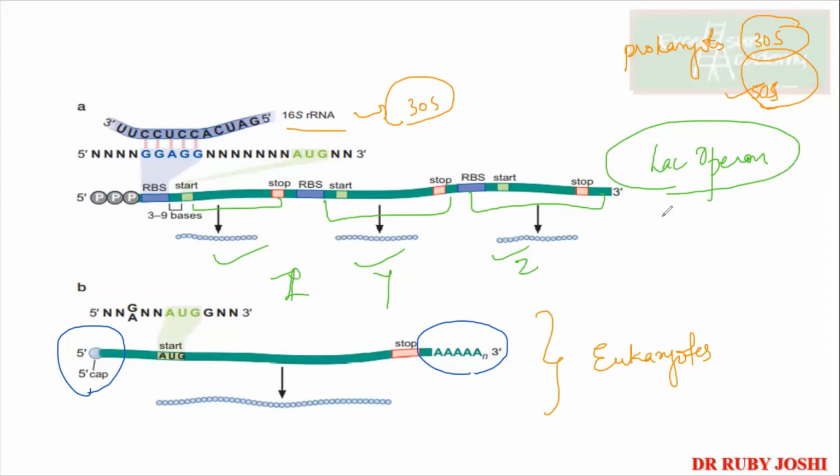Lactose is actually a disaccharide which is made up of galactose plus glucose. Okay, so when glucose is not available in the media, glucose is your monosaccharide, a readily available energy source, right? Now, if in the media glucose is not available and lactose is present, then bacteria should be able to metabolize lactose. So for that you will need separate enzymes, which can degrade your lactose into galactose and glucose. Of course, once it is degraded, glucose can be taken up and galactose, with the help of the epimerase, can be converted to glucose.